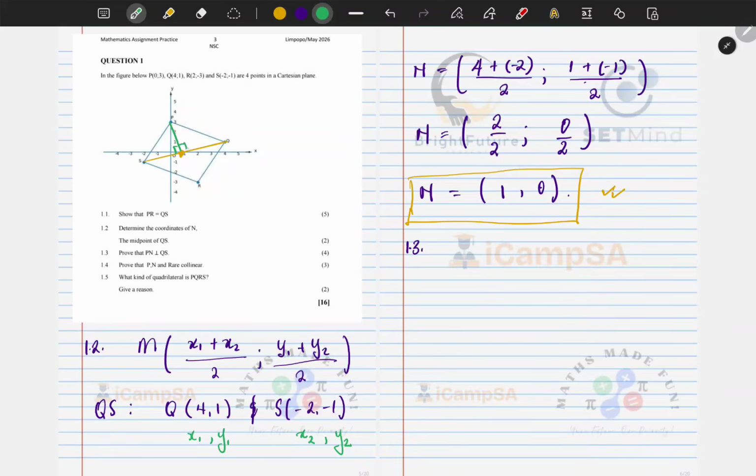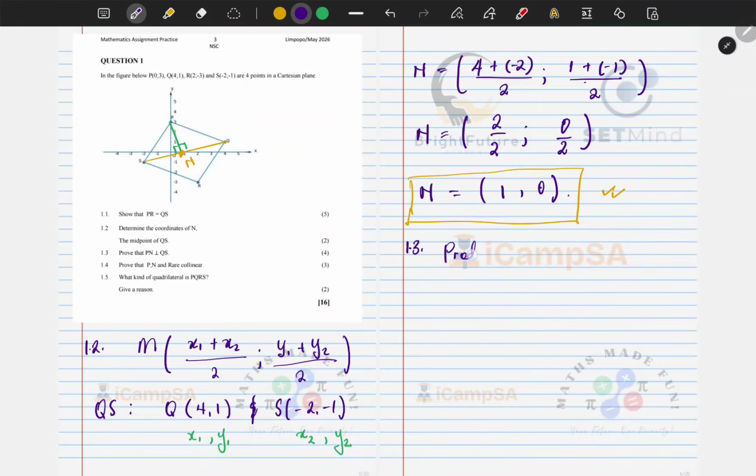So what we want to know is whether your PN is perpendicular to QS. In order for any two lines to be perpendicular to each other, the product of their gradients should be equal to -1.